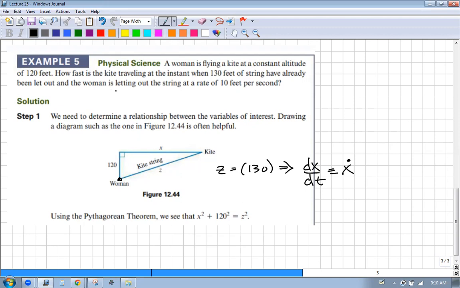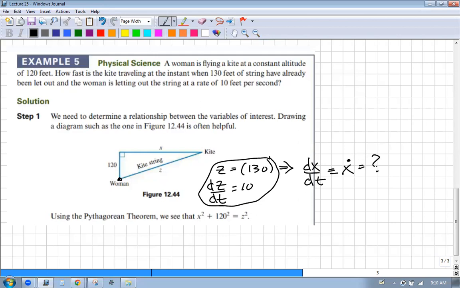And the woman is letting out the string at a rate of 10 feet per second. So the change in string length, this is the string z, is 10. So when these are happening, what is this?